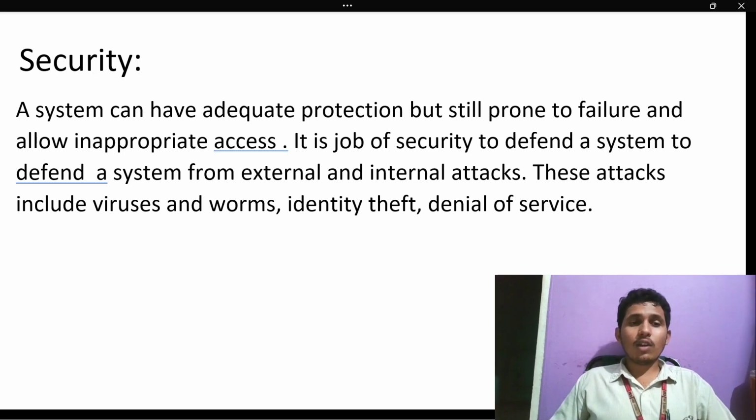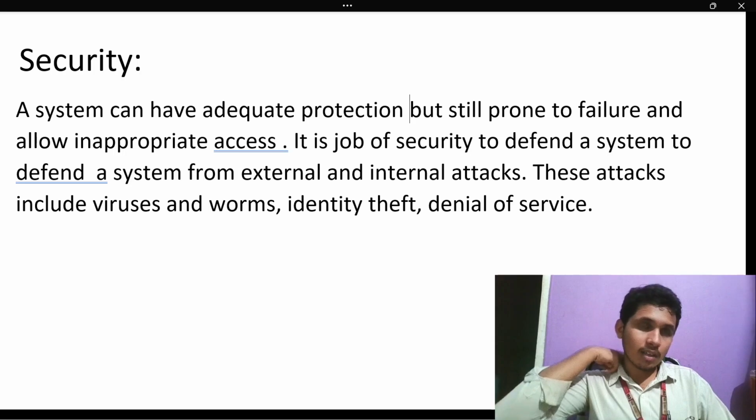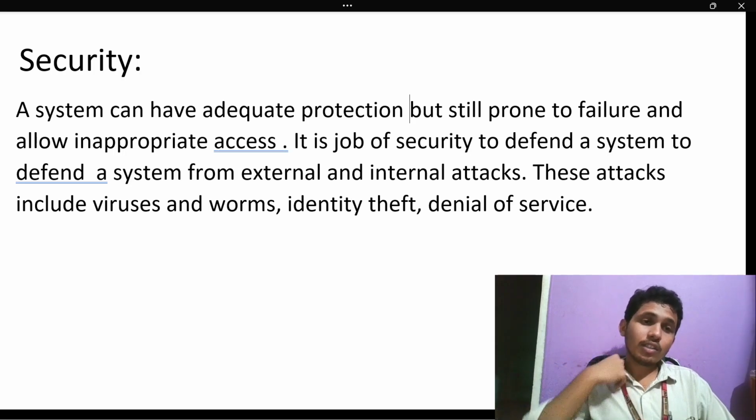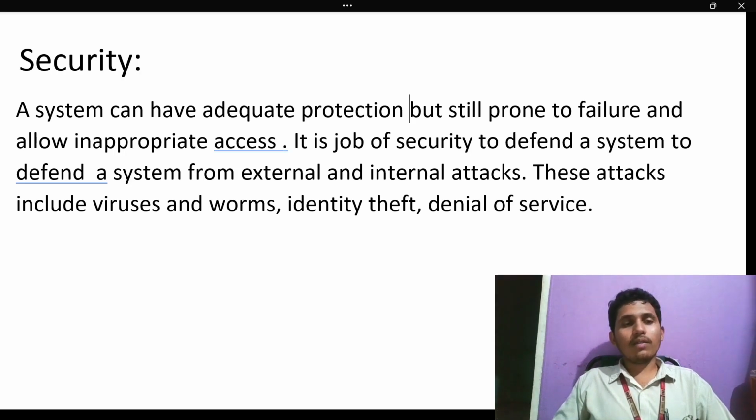So basically, even though our system can have protection, it can still be accessed by unauthorized users. There are many types of attacks that come from internally and externally, so we need to protect it from these. This is known as security. These attacks include viruses, worms, identity theft, denial of service, etc.